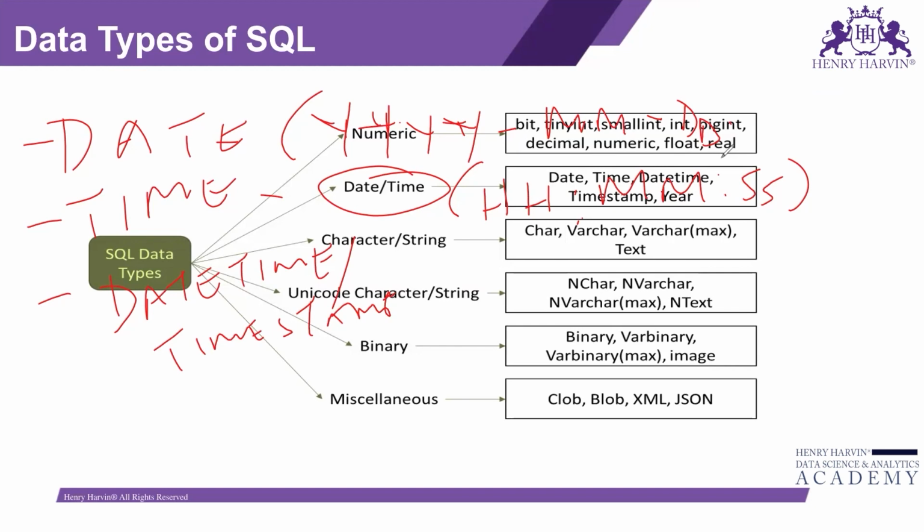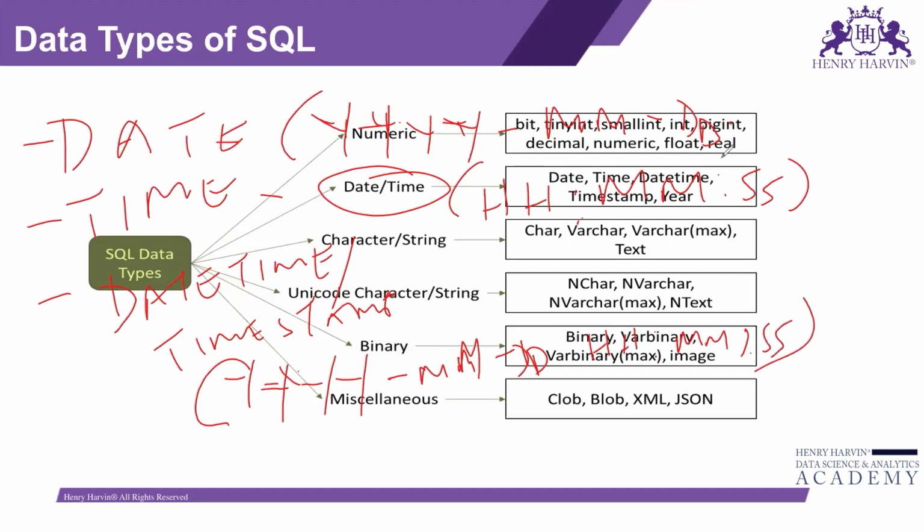We use it to represent date and time values, whereby the values will be given as year, Y, month, M, day, D. Then after this, we have H, colon, M, minute, and colon, seconds. That's how we represent the date time values.